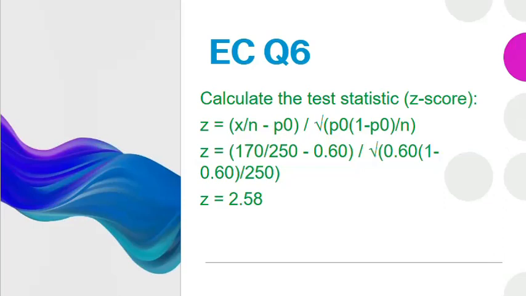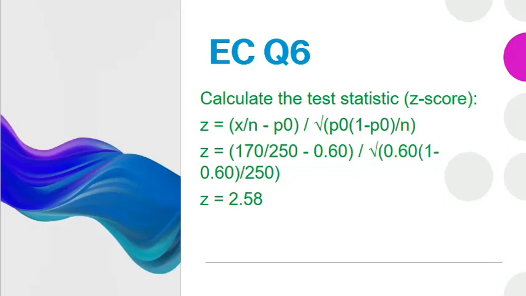So z equals, in the numerator within parentheses, 170 divided by 250 minus 0.60, and this will be divided by the denominator of the square root of 0.60 times 1 minus 0.60 divided by 250, or 0.60 times 0.40 divided by 250, as when you subtract 0.60 from 1 you should get 0.4. And when you solve this, the z value that you should get is 2.58.